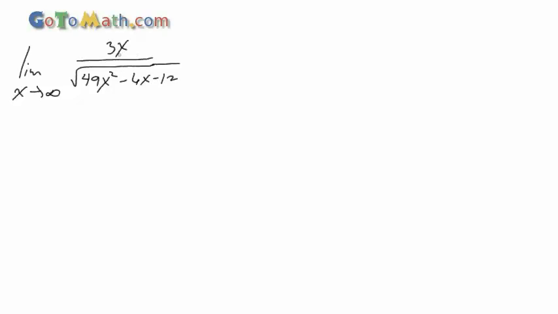What I'm going to do next is I'm going to square the numerator, and we'll just write this stuff right over here. Since we've got quite a bit to write down, I don't really want to skip any steps here. We're going to square this. In other words, 3x quantity squared.